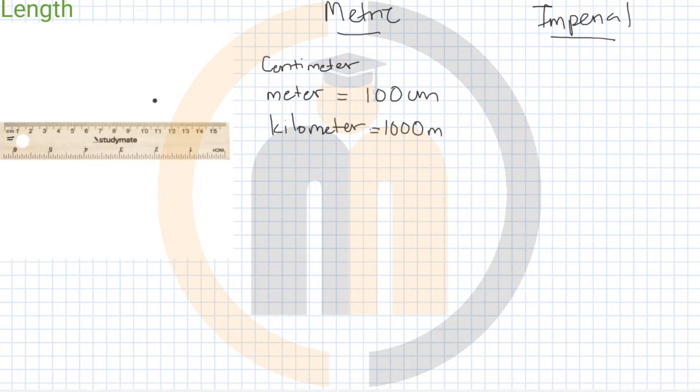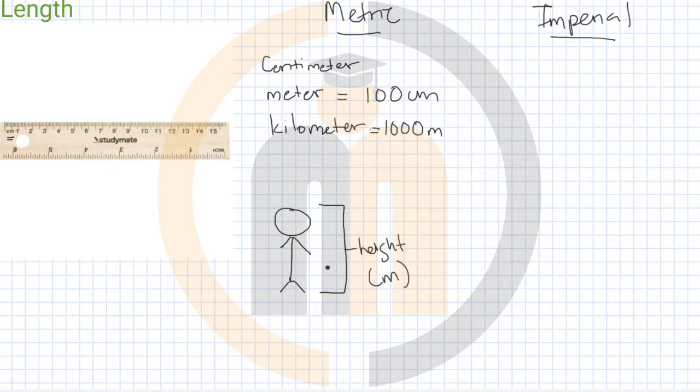Centimeter would be appropriate to measure something like a ruler, a pencil, or something a bit small. A meter would be good to measure something like a person's height. For example, I'm going to draw a stick man here, and you would use meter to measure someone's height.